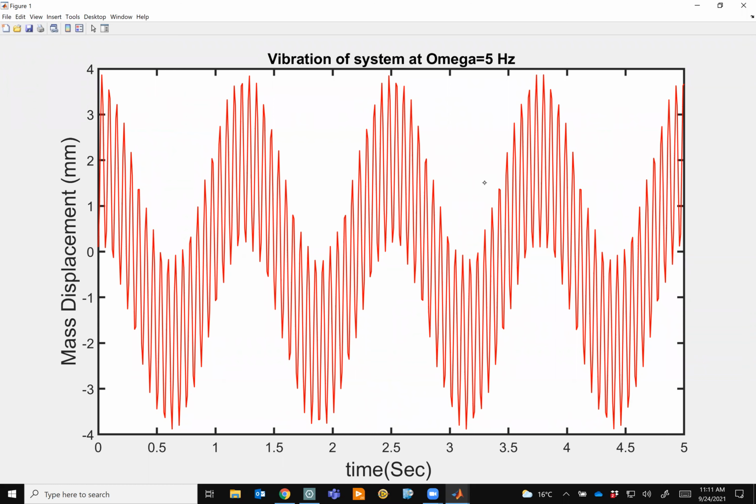We plot this simple function, and for omega equals 5, we get this answer. This is nothing but two waves superimposed on top of each other. One of them has a small frequency, like this big wave, and another one is a high frequency wave going up and down. Right? So the high frequency is being moved by the lower frequency.